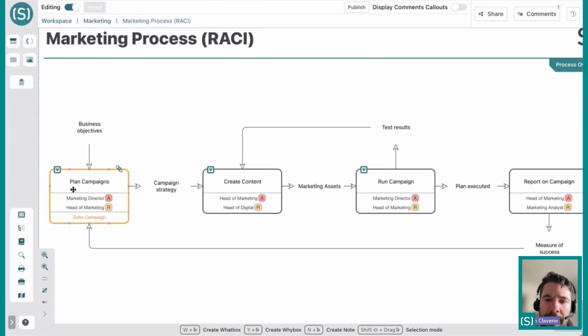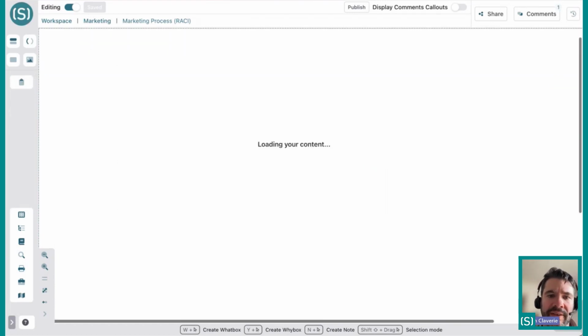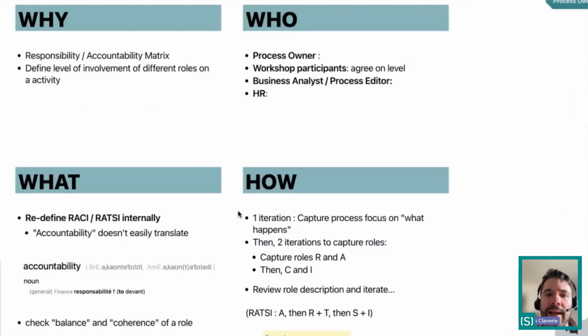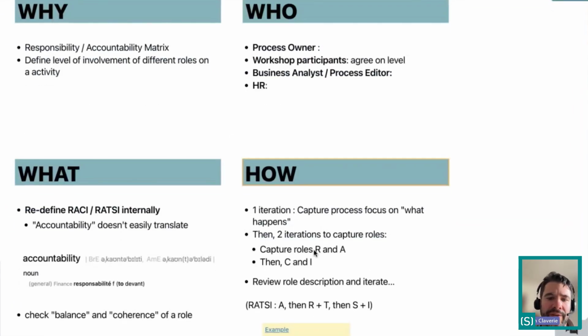And then you do a second pass for the roles, allocating the roles to the activity. What I recommend on top of that for RACI is to focus first on R and A in the first discussion, or particularly, what I mean is most relevant for RATSI because you have a few more tags. But do a first iteration with R and A and then C and I, doing 2 passes to not get too long conversations on C and I, where R and A matter the most.